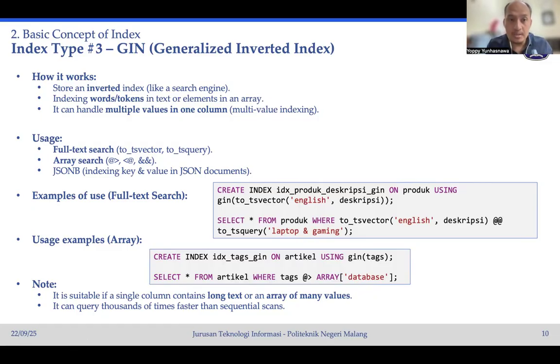PostgreSQL will only use our created index whenever it is needed, for example, when a select query related to the column that has the particular index is executed. So the GIN index is good for you if you have a column on which you want to perform full text search or array search.